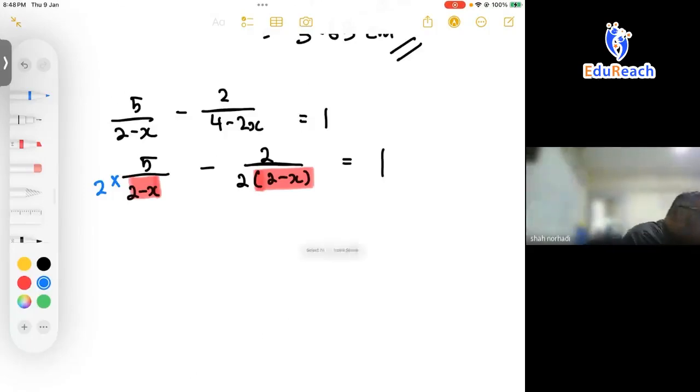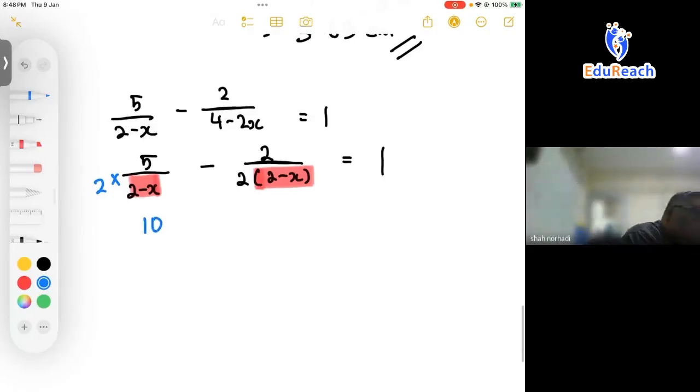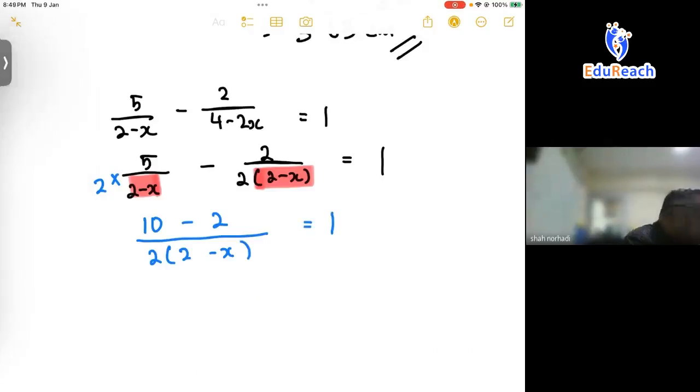Okay, so we have 10 minus 2, all over 2 bracket 2 minus x, equals to 1. I combined the fraction already. Alia, what can we do here? We already combined the fraction and we already have the equal sign. Here we can cross multiply.